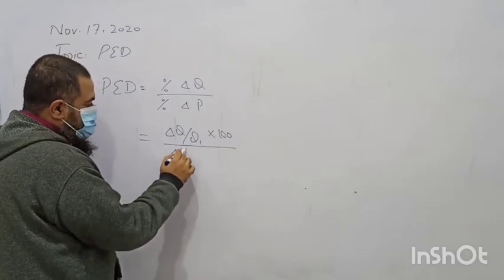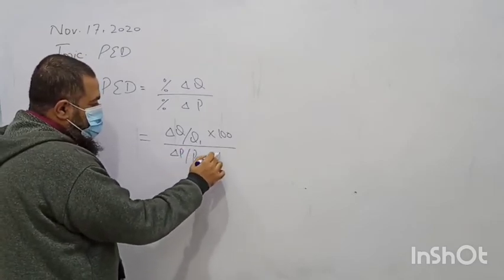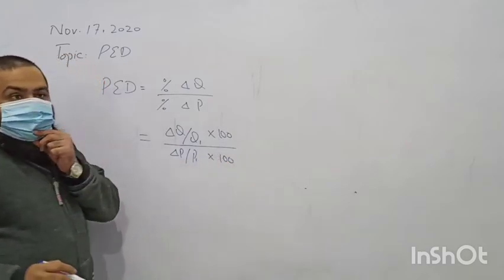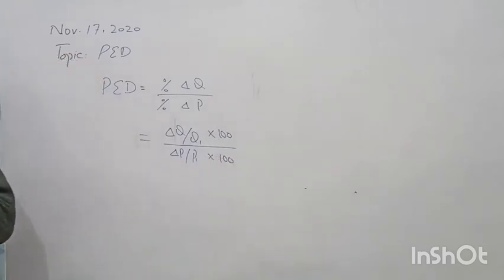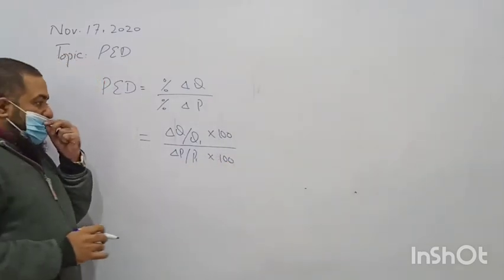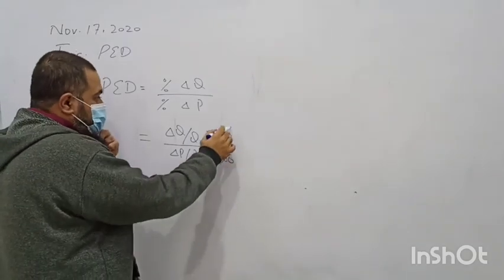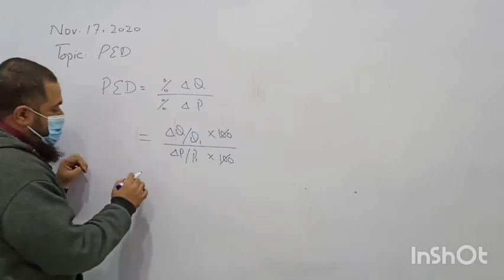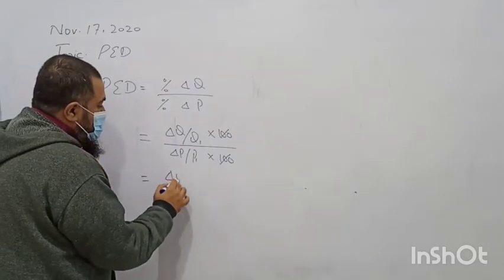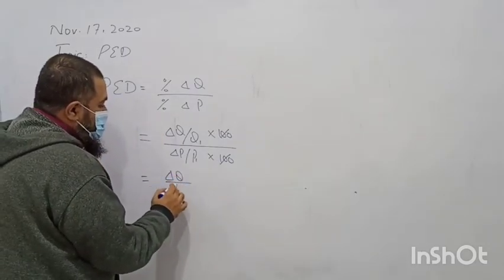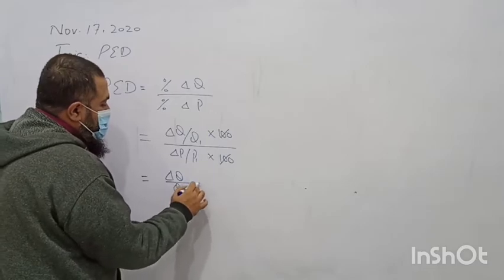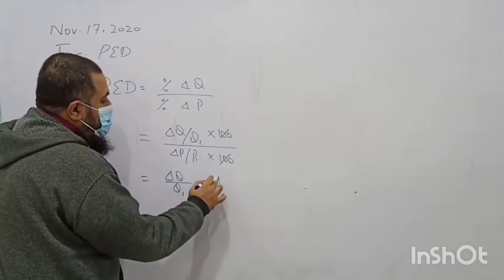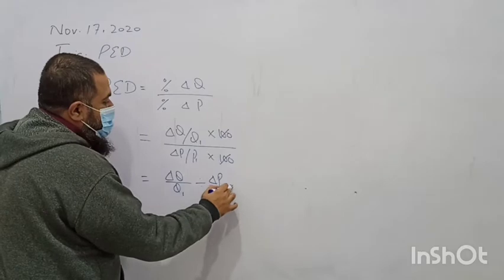That is change in price over original price times 100. These are the percentages we use to measure. So these 100s cancel each other. Now it is a double division: change in quantity over Q1 divided by change in price over P1.